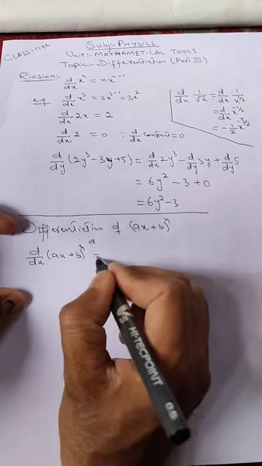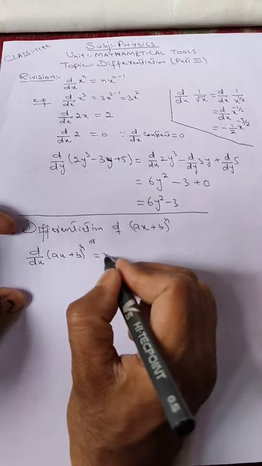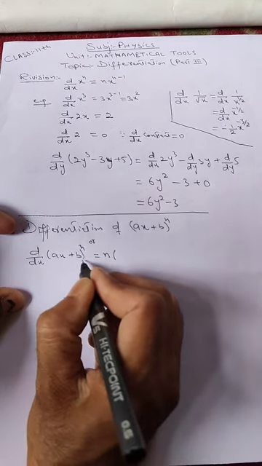I'll write the formula nx^(n-1). So here is n, and this is the value of x as a whole.